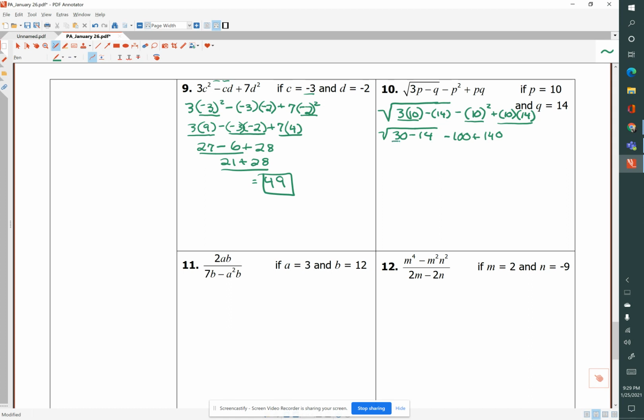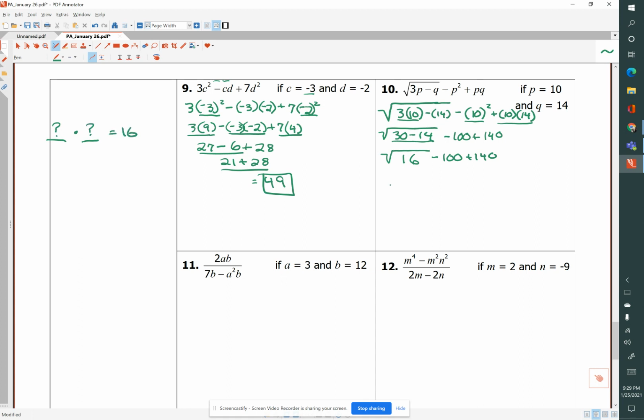Let's go back to the radical. We have the square root of 30 minus 14, which is 16, minus 100 plus 140. The square root of 16, well, what times what, these being the same number, equals 16?